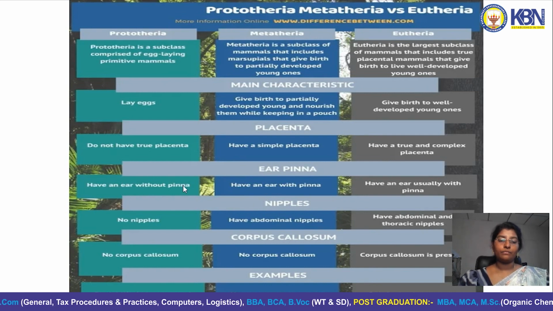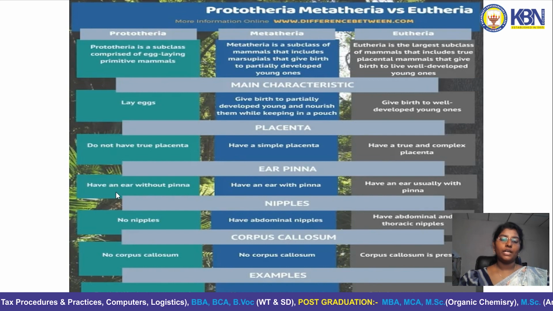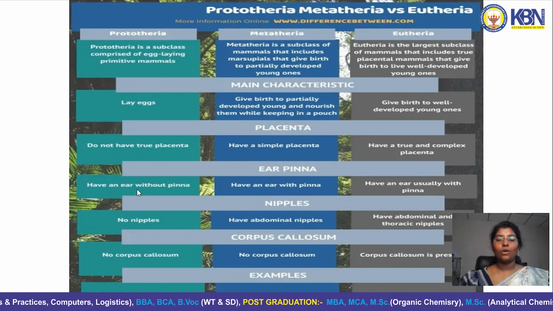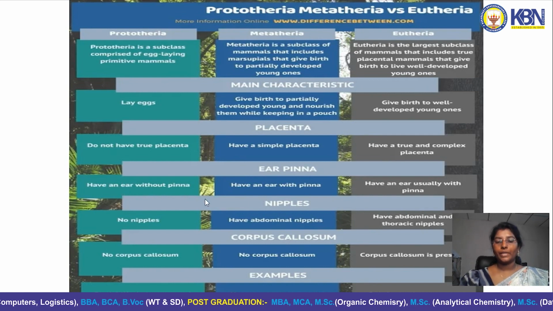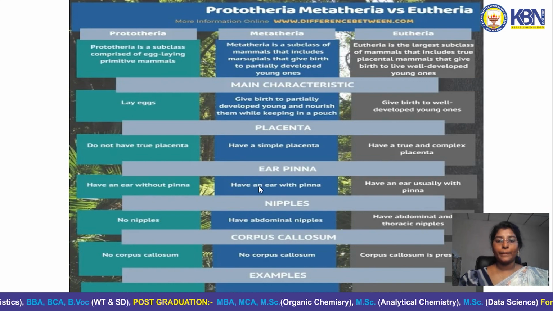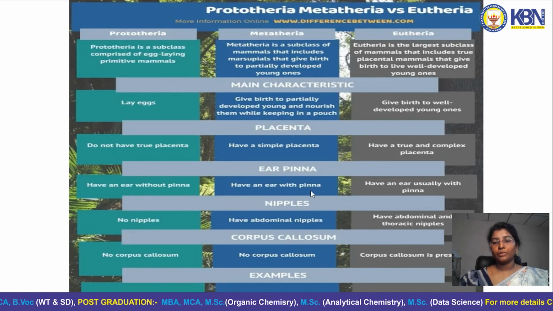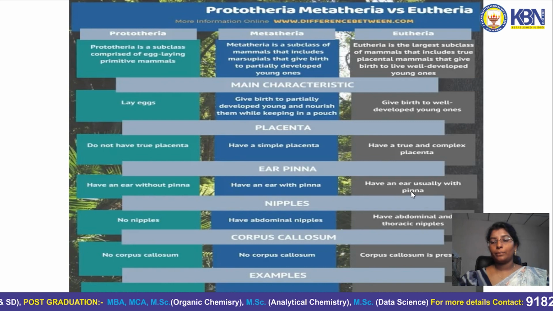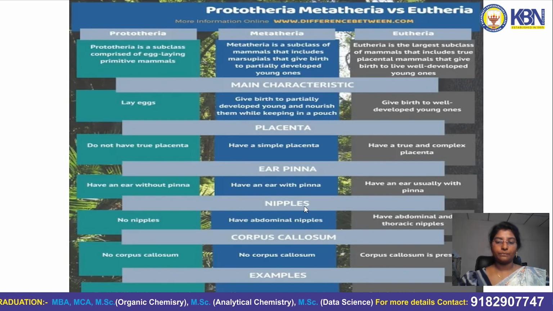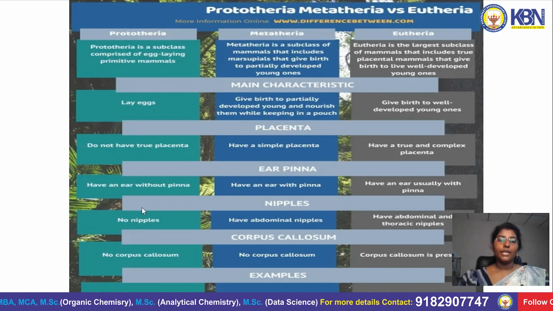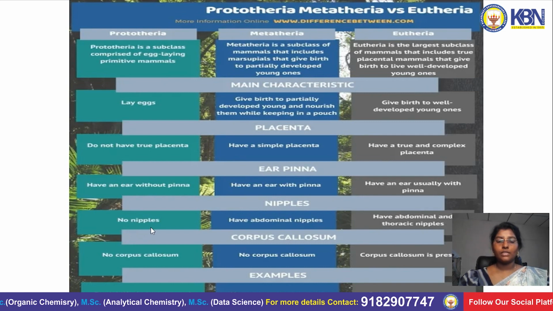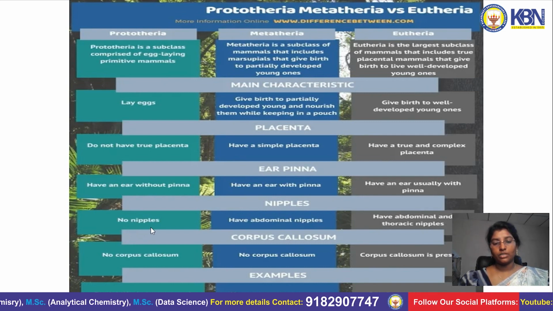Ear pinna. In Prototheria, it has an ear without pinna. In Metatheria, it has an ear with pinna. In Eutheria, an ear usually with pinna. Next, nipples. In Prototheria, the animals don't have nipples.